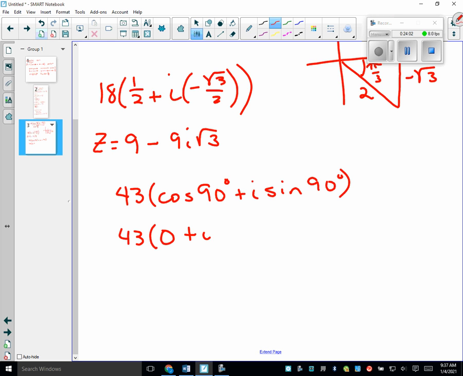Plus I. What's the sine of 90 degrees? Right? So what is the answer to this? 0 plus 43. You do not have to put the 0. Oh, perfect. Okay? That's the answer.